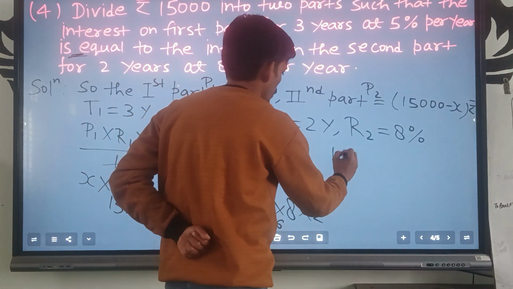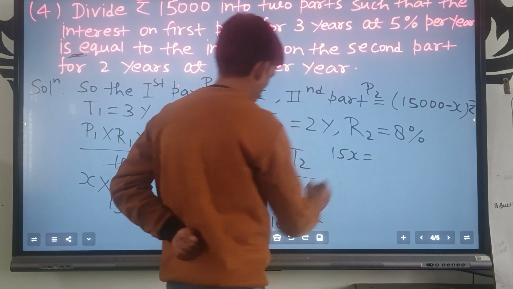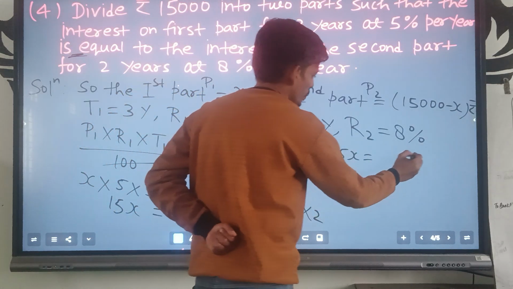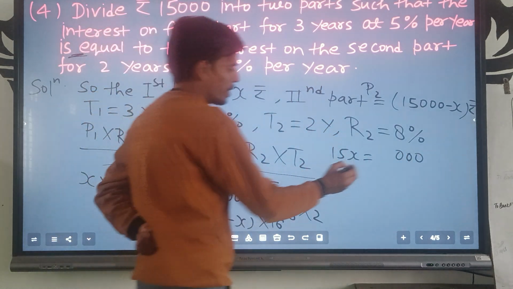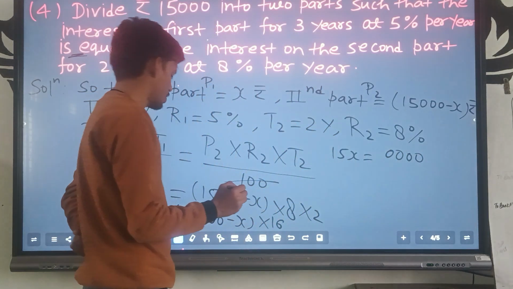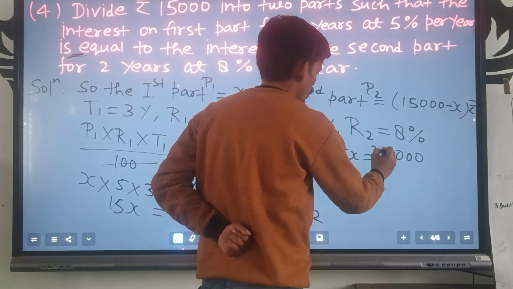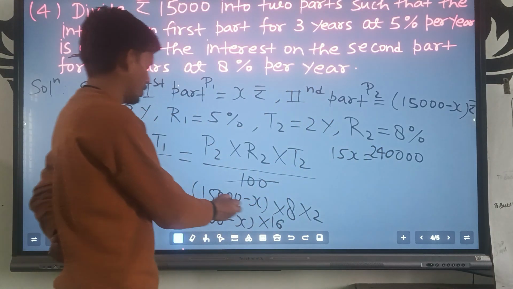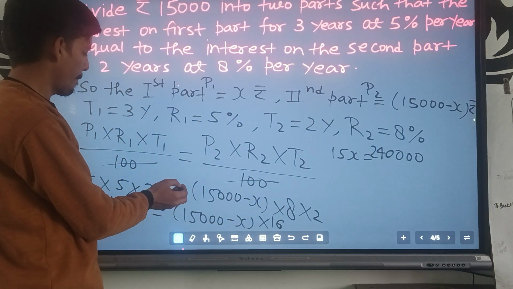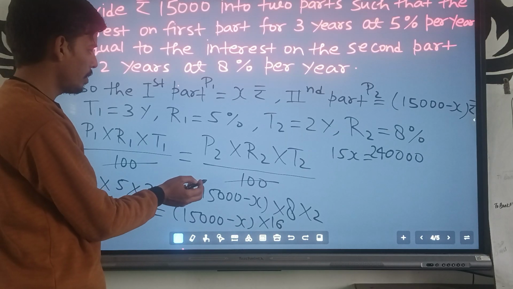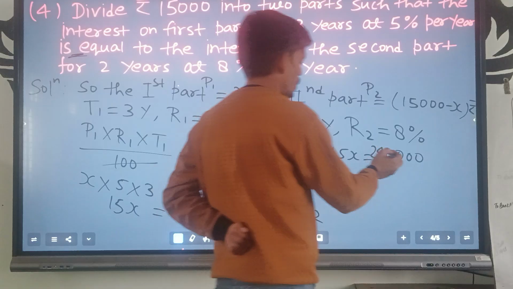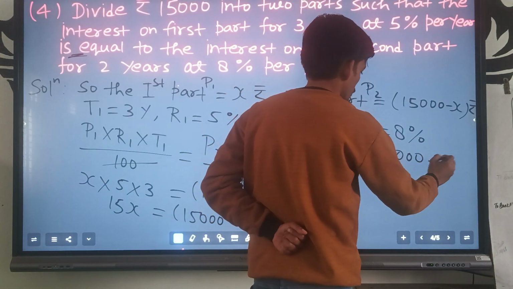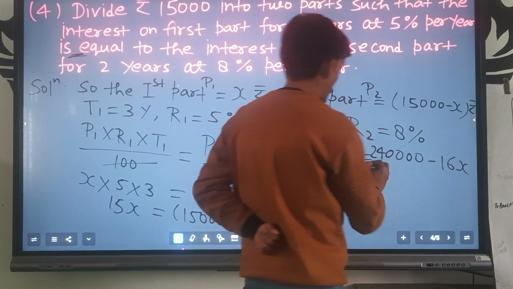So we will write 15x equals 16 into 15,000, which is 2 lakh 40,000, minus 16x.